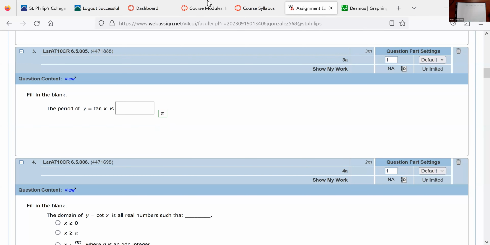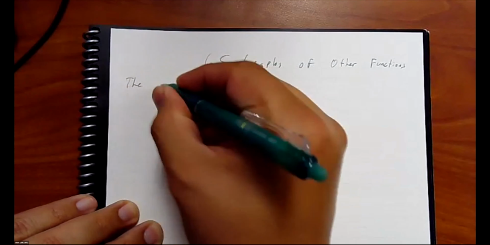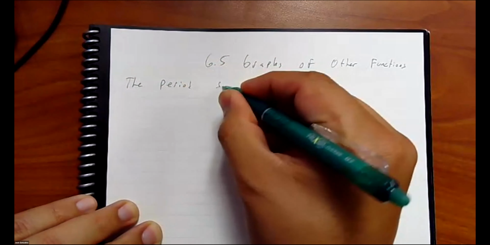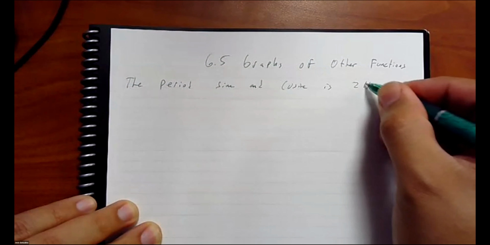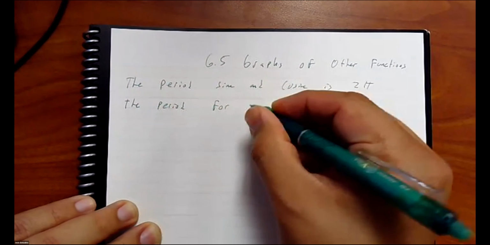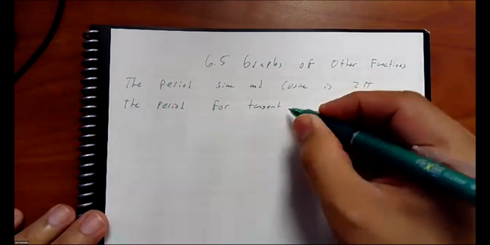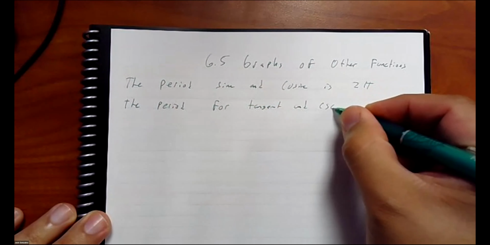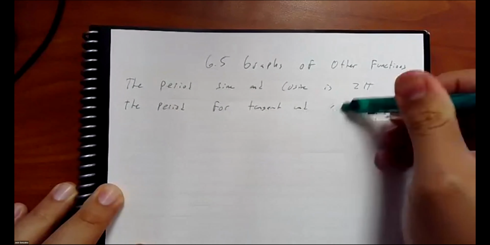Yeah, go ahead and write this down. A period, I should just go ahead and write it here for sine and cosine is 2 pi. The period for tangent, let's see, and cosecant. Actually, that's 2 pi.